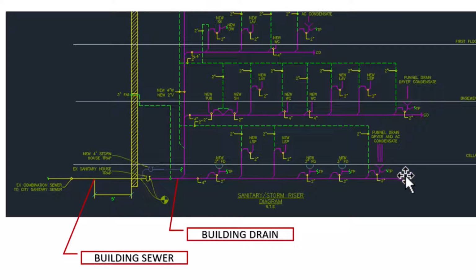So the building drain is the lowest waste pipe that extends basically 5 feet outside the building wall, exterior wall. And then after that, it's considered the building sewer, and this would actually go to the city sewer system. So this is the difference between the two terms here.